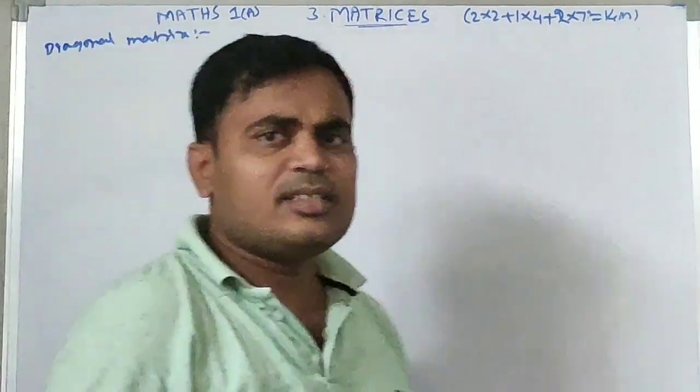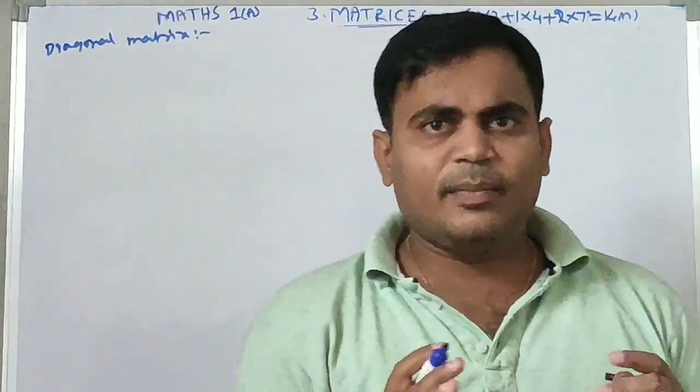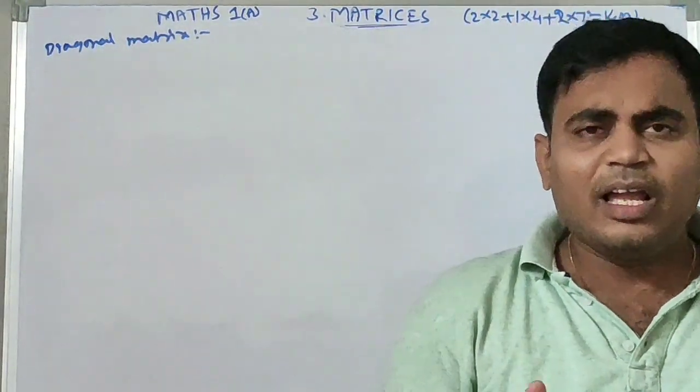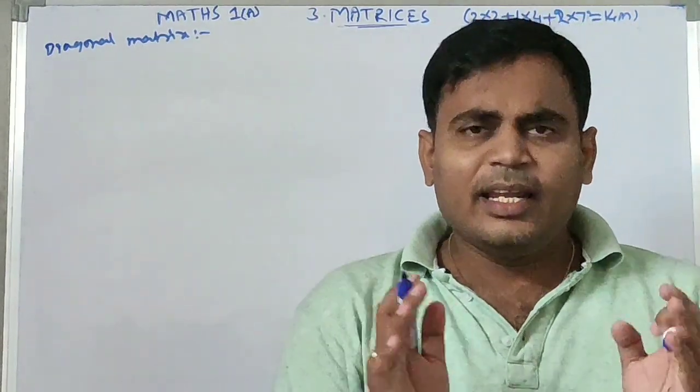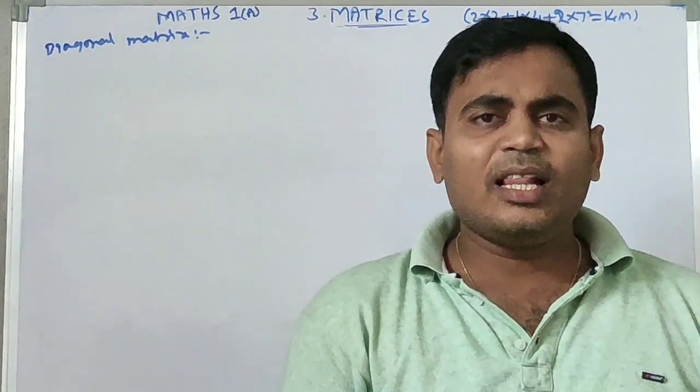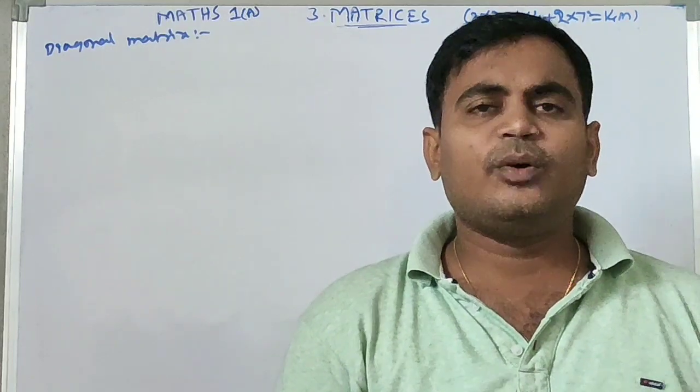Now the diagonal matrix. If we want to discuss the diagonal matrix, we should take a square matrix. In a square matrix, if all the non-diagonal elements are equal to 0, then it is a diagonal matrix.